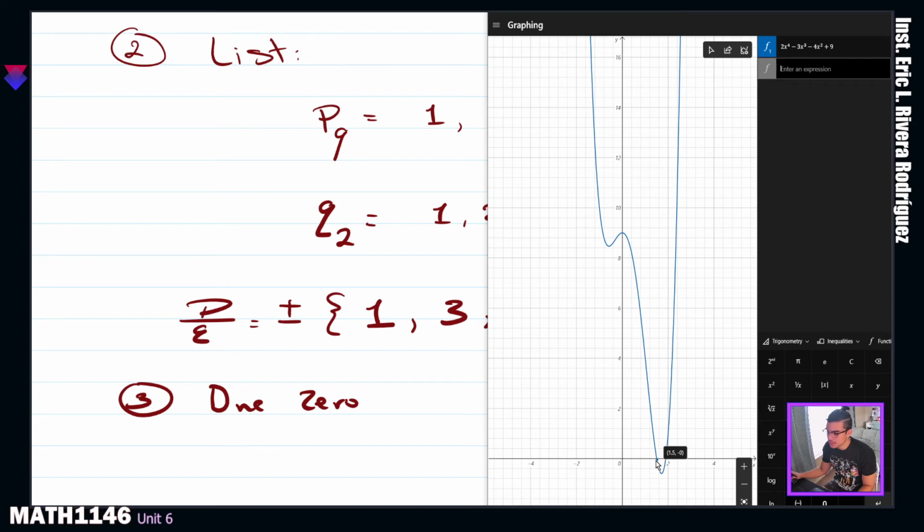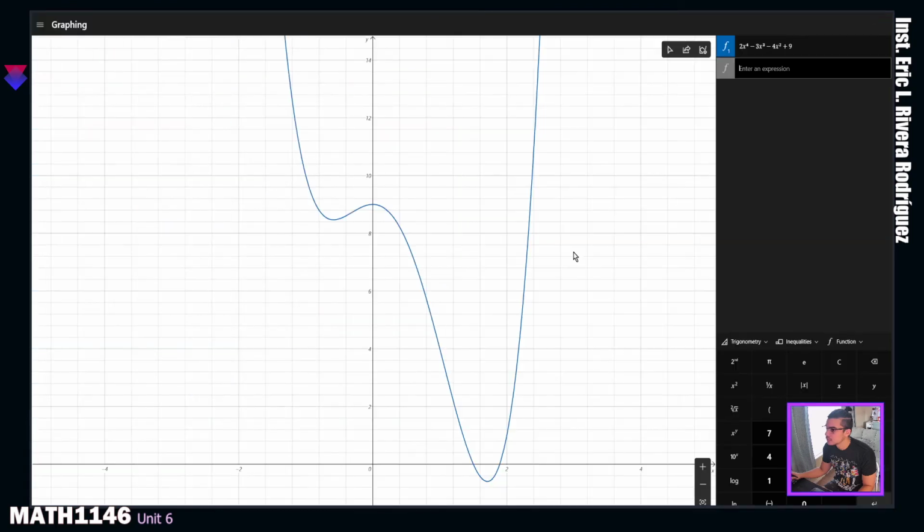Based on this, this is the graph of our polynomial. From here, I know that 1.5, which is 3/2, is in the list of possible rational zeros. So 1.5 is a rational zero.